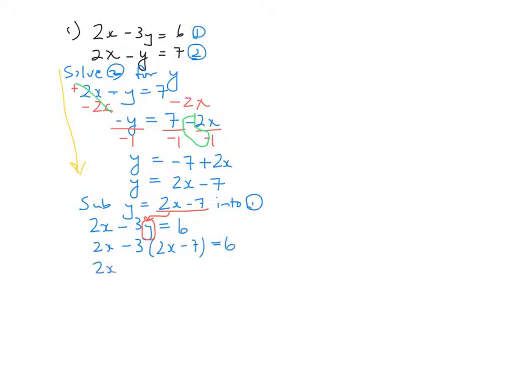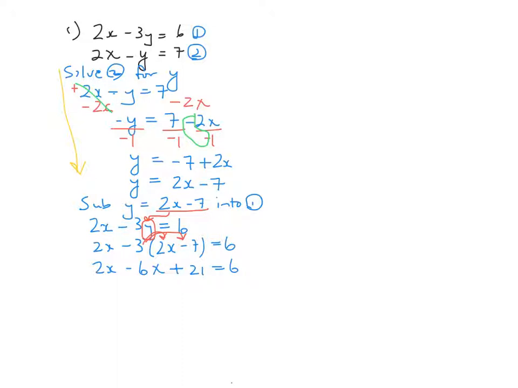And continuing on, we know to solve an equation with brackets in it, we're going to need to expand that minus 3 through the bracket. A takeaway 3 times 2 is take away 6 with the x. And then we're going to be taking away 3 times the minus 7. Taking away a minus will be plus. And then 3 times 7 is 21. And that's equal to 6.